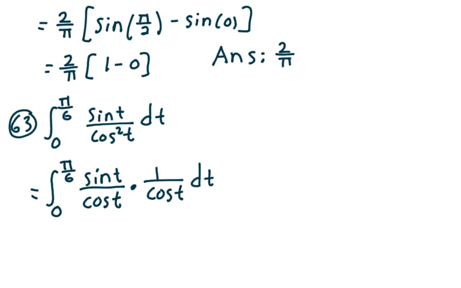So this is one of those interesting ones where you really don't need a u substitution here. Could you do it with a u substitution? Yes, you can, but I'm going to submit to you that it's not necessary. Now, sine of t divided by cosine of t is tangent of t. 1 divided by cosine of t is secant t.